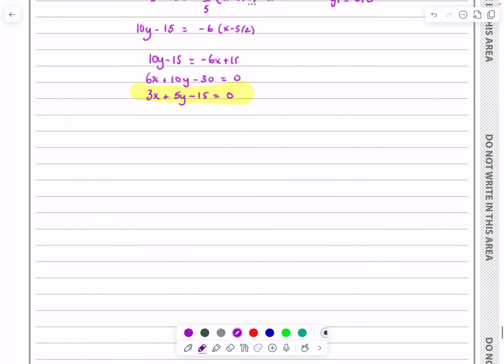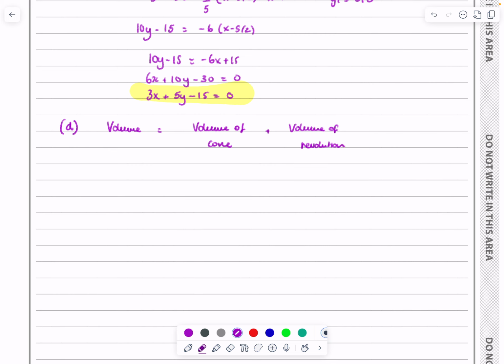So for part D, I want to find the volume of revolution generated. That's going to be volume equals the volume of the cone plus the volume of revolution, the top part.